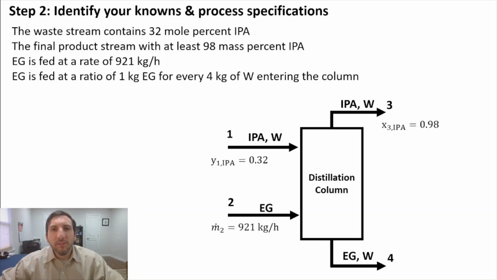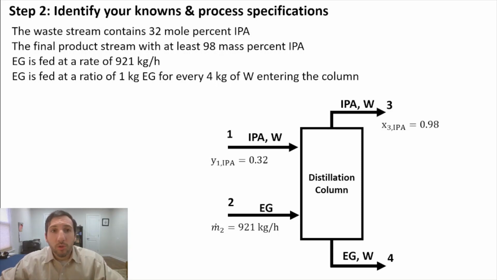Now the next part is that we've got 1 kilogram ethylene glycol for every 4 kilograms of water. What we can do is consider this as a conversion factor because we're relating the ethylene glycol in stream 2 with the water in stream 1.